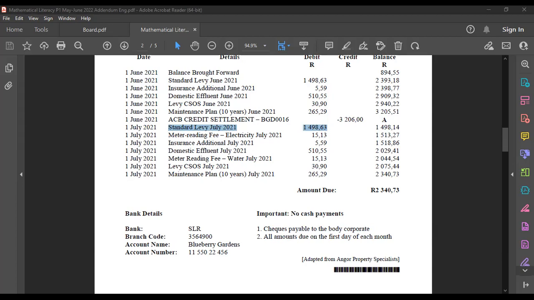So this is 96 rands 66 cents, plus the money they have increased with. So this is the increment plus the money. So you end up having your answer as 1,595.